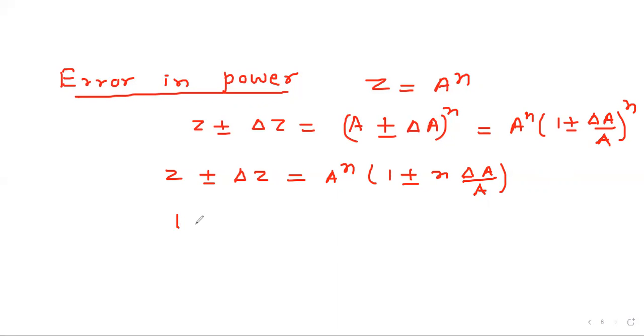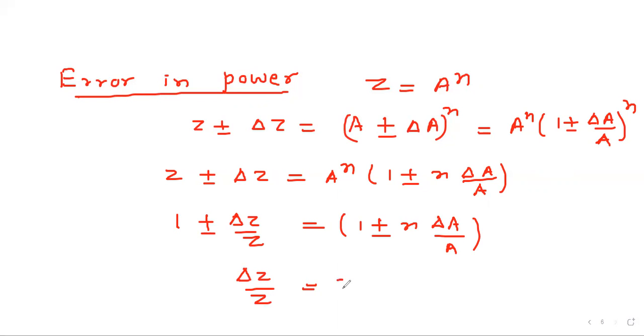So we get 1 plus minus delta Z upon Z equal to 1 plus minus n times delta A upon A. So delta Z upon Z equal to n times delta A upon A.